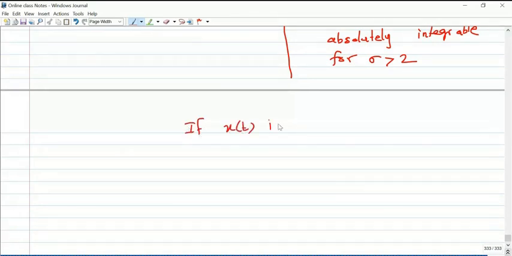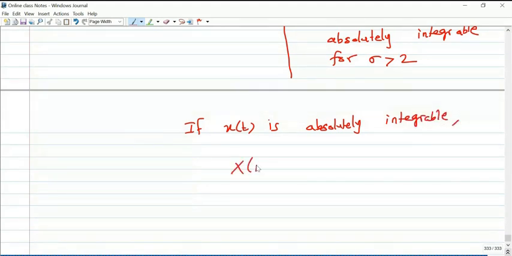If x of t is absolutely integrable, then the Fourier transform is equal to the Laplace transform, just by replacing s by j omega. If x of t is absolutely integrable, then your Fourier transform result is equal to your Laplace transform result by changing s to j omega.